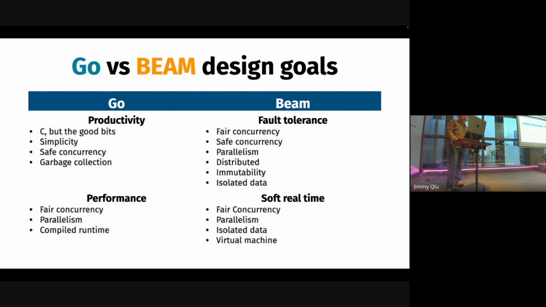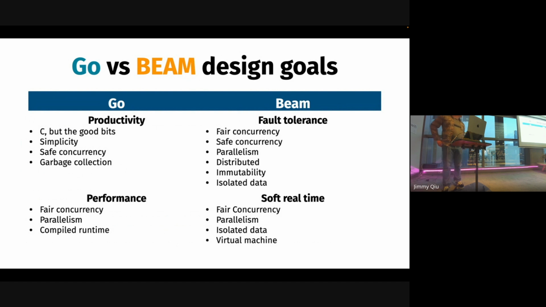So Go, they're really focusing on how to make C, but the good bits. It's very simple. It gives you safe concurrency in a way, garbage collected. And performance gives you fair concurrency, which means that things will run without anything being able to dominate the runtime. So you can have a whole bunch of things running and they'll each get a share.